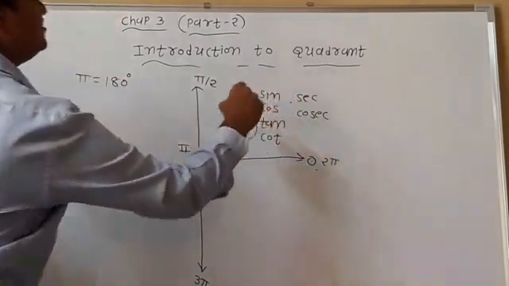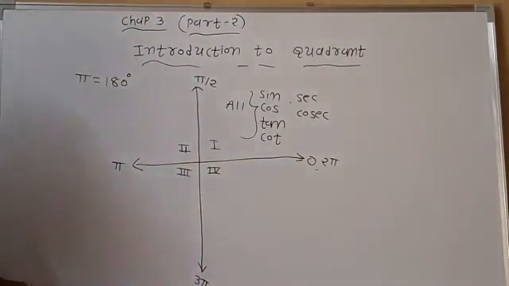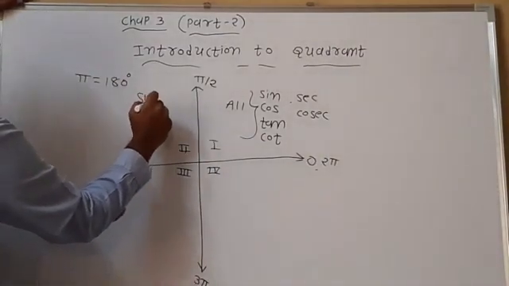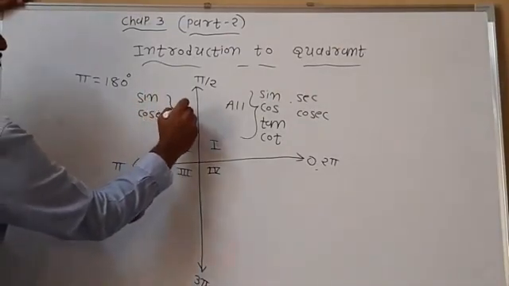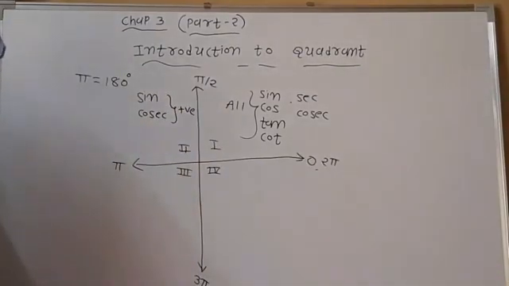So all these 6 trigonometric functions are positive in the first quadrant. In the second quadrant, only sine and cosec functions are positive, and the remaining 4 functions are negative in the second quadrant.